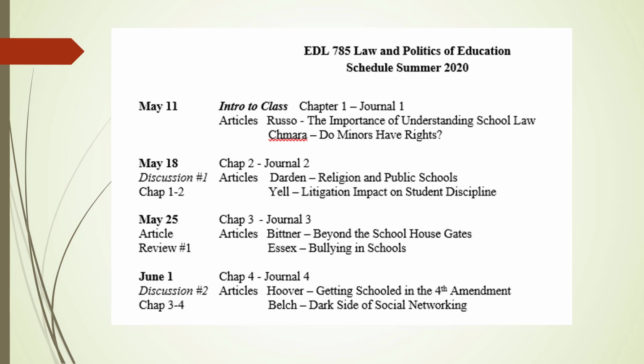We'll basically be covering a chapter a week, and with every chapter you'll be doing a journal entry. In the assignment folder, the journal entry describes what you'll need to do. We have 2 articles a week, and again, take a look at reading those articles because you do article review as part of this coursework. So pay attention to what you need to do there.